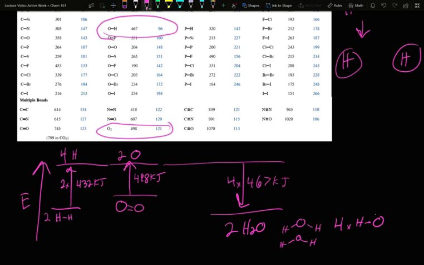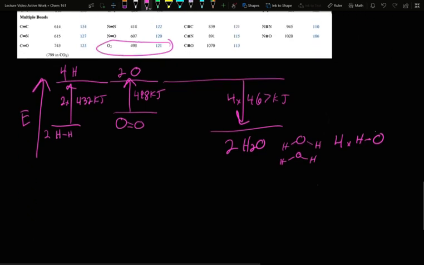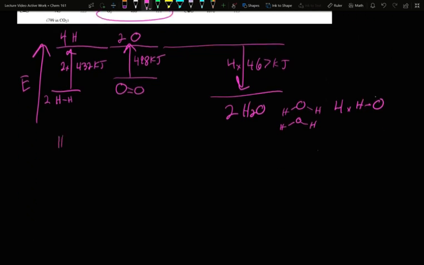For all intents and purposes, we're doing a Hess law. This is a little bit different than we think about Hess law, but what we've really done is we said, hey, H2, 2 of them, break into 4 H atoms. There's a delta H. 1 O2 break into 2 O atoms.